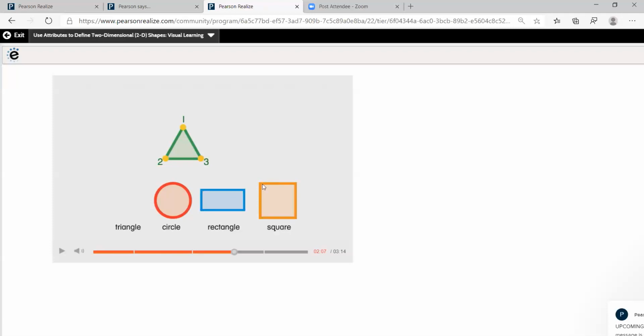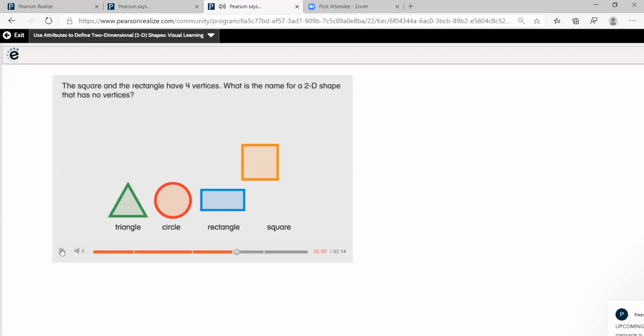One corner is a vertex. If there's more than one, we say vertices. How many do you see on the square? Our square in orange and our rectangle each have four vertices or corners.